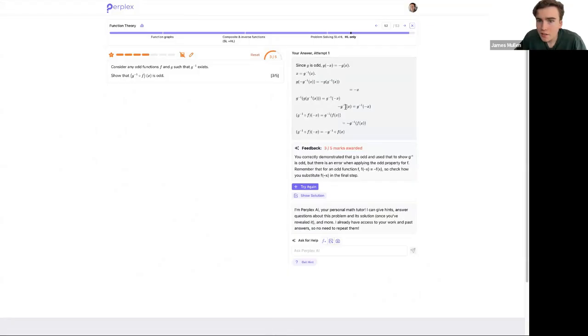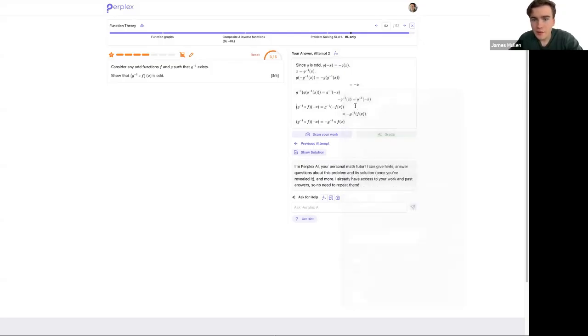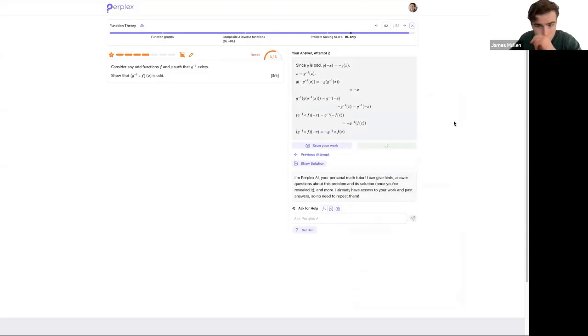So negative, okay, I showed that, and then there is equal to g negative 1 of f of x. Well, that's not what I said. It misread my handwriting slightly, but yeah, I can fix the mistake by just plugging in that. Oh, it was that. And g negative 1 of negative x, and that comes out, yeah, and that should be good.